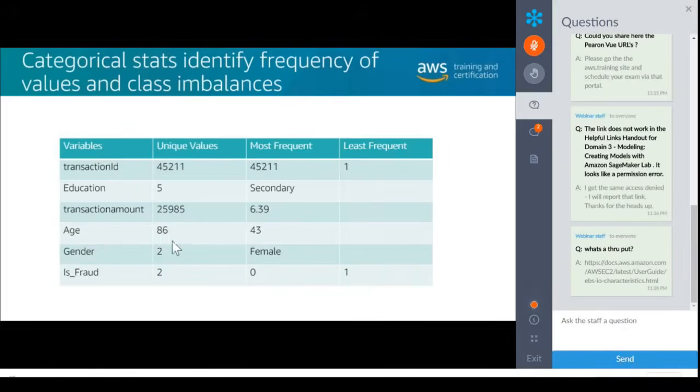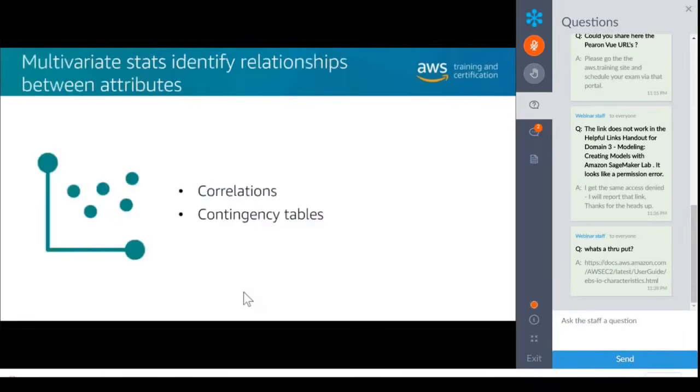There's 86 different ages, and most frequent is 43, and so on. So we're basically going through and looking at each of these variables and doing some basic descriptions on it. So looking for imbalances, looking for skew, that sort of thing. But this is not really a good way to visualize your data. We're going to look at some better ideas like histograms and whatnot in a second.